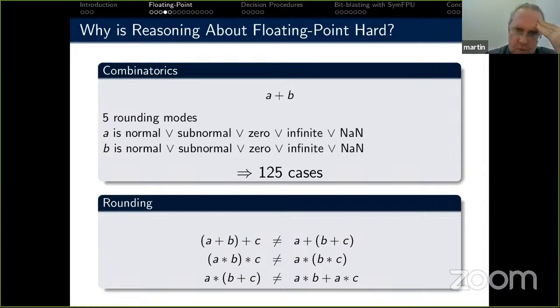So the problem is that rounding breaks a number of key ring and field properties. Floating point addition is not associative. Worse, floating point multiplication is not associative either, nor are they distributive.